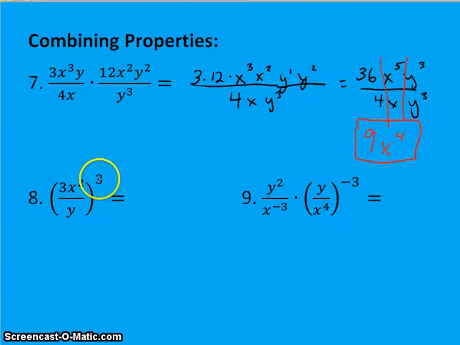With number 8 here, we're going to give the 3 to the top and the bottom. But on the top, we have to give it to multiple things on the top. So we have to give it to the 3 and the x squared.